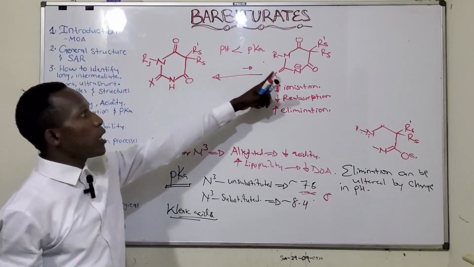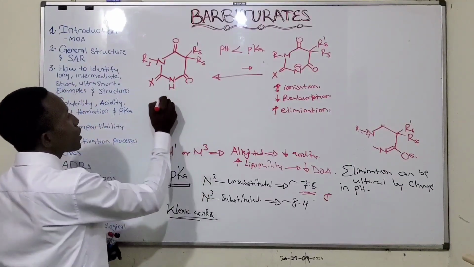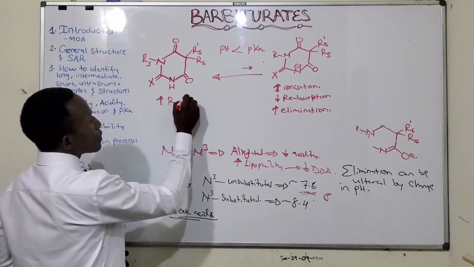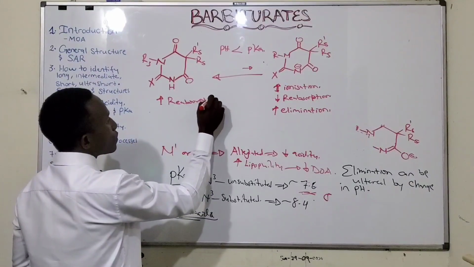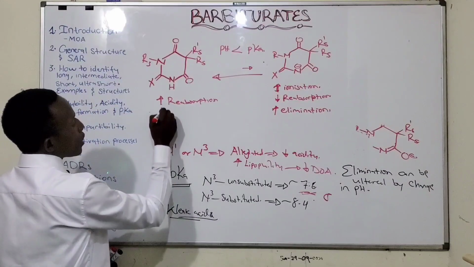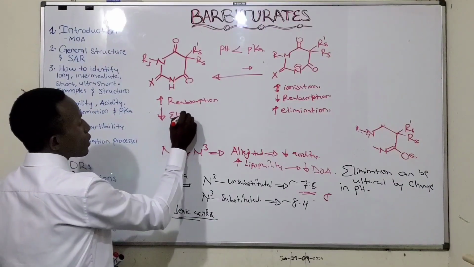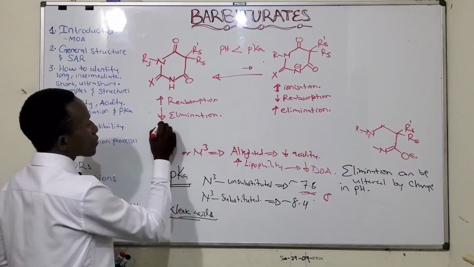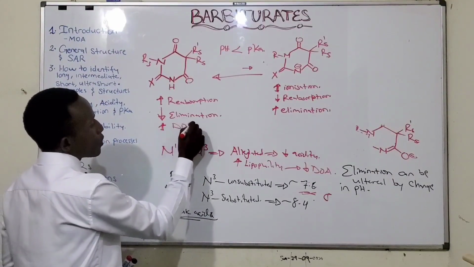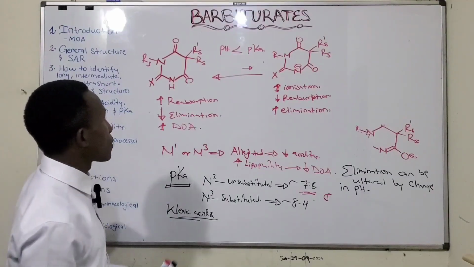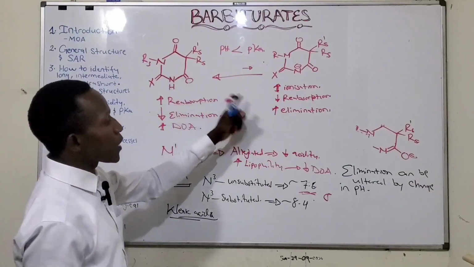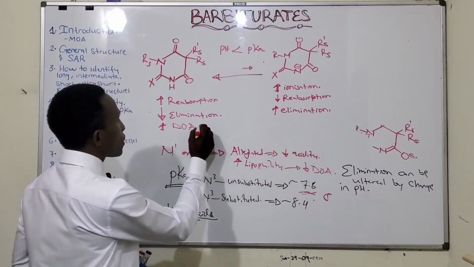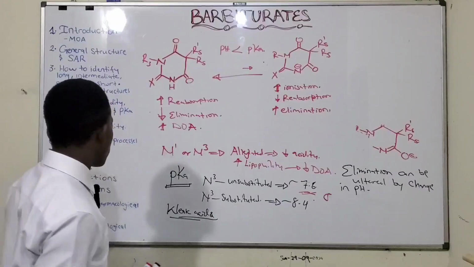This increases reabsorption and decreases elimination. So the duration of action of that drug will be increased because it is still in the body. So that's how we can alter the pH for the activity of the drugs.